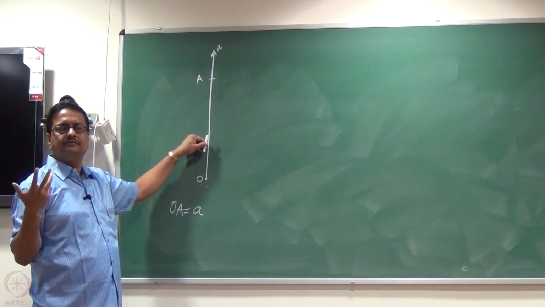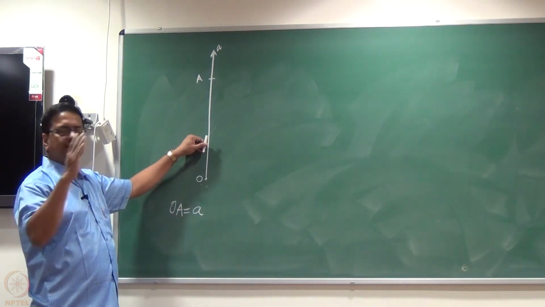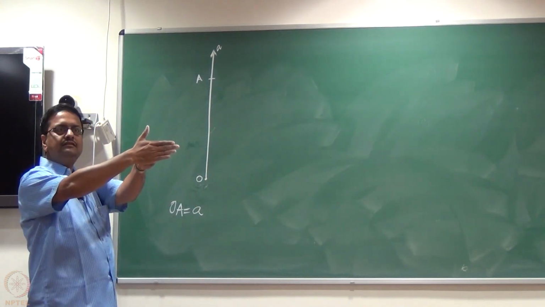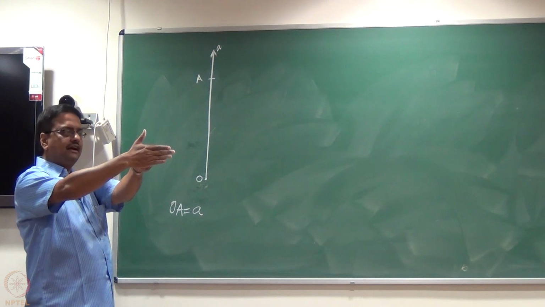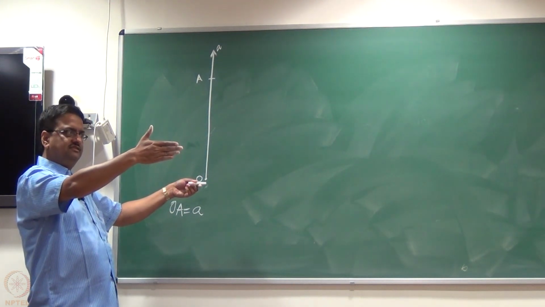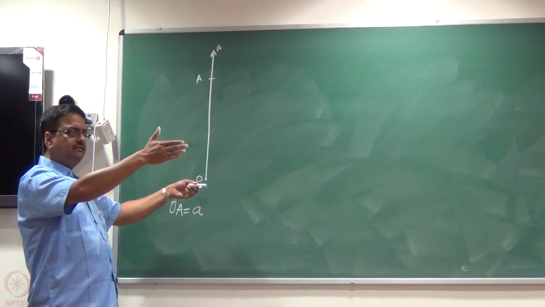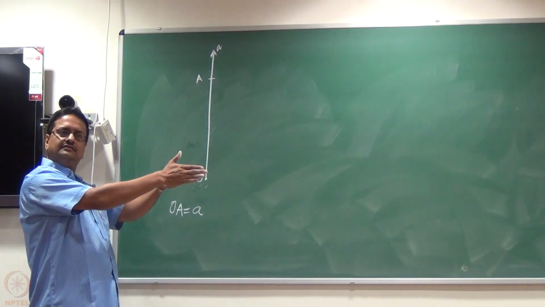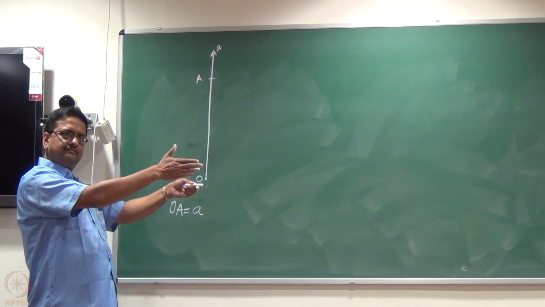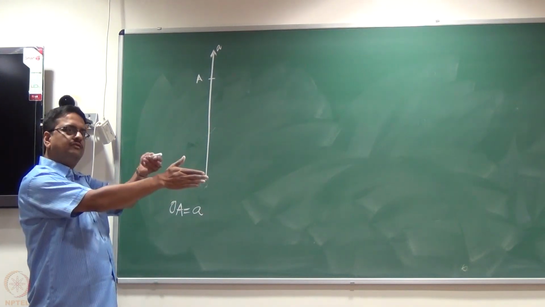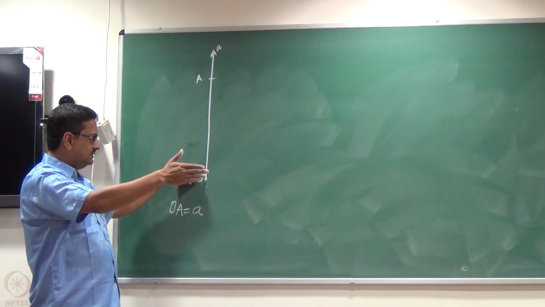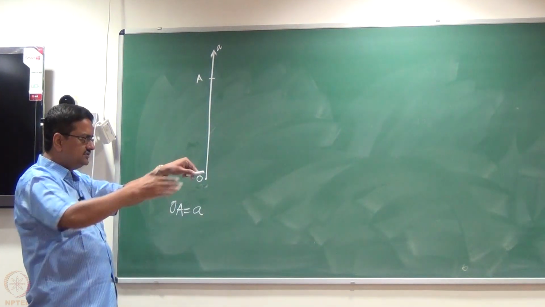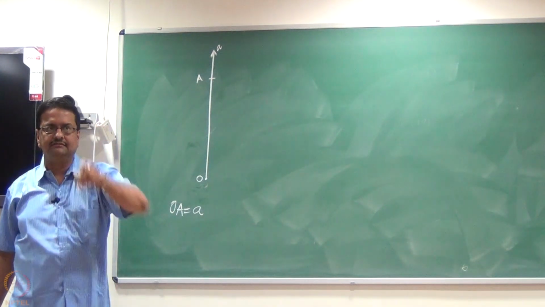So what does it indicate? From this point, if I drop a perpendicular to this plane and I cut it at a 1 by d distance, it falls here. A plane which is here, I drop a perpendicular, distance is smaller, so 1 by d is larger, falls here, and so on. So the planes which are like this, all the reciprocal lattice points will fall on this line.